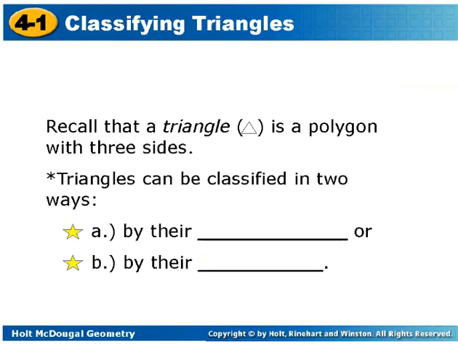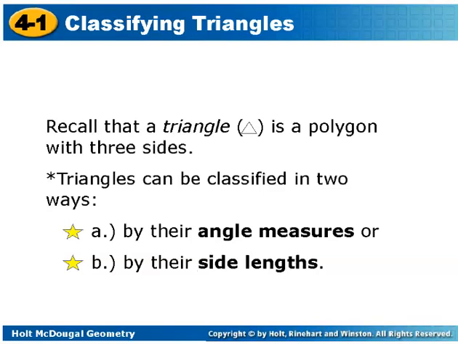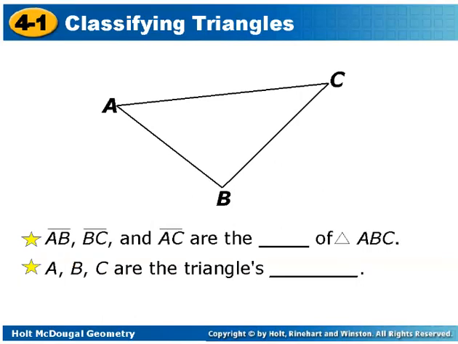So we know that a triangle has three sides, and we can classify those in two ways. One way is by their angle measures, and the other is by their side lengths. So let's look at a triangle here. We have a triangle with sides AB, BC, and AC, and we call those the sides of the triangle.